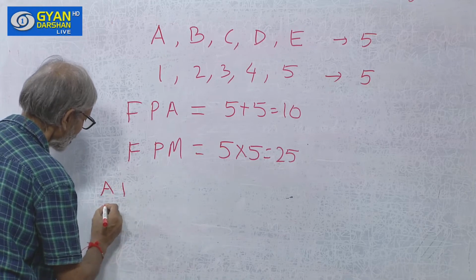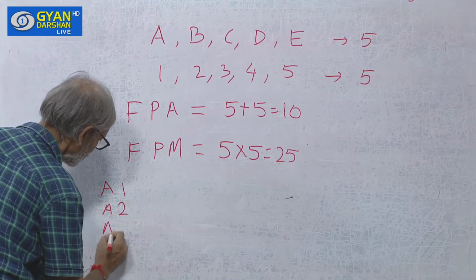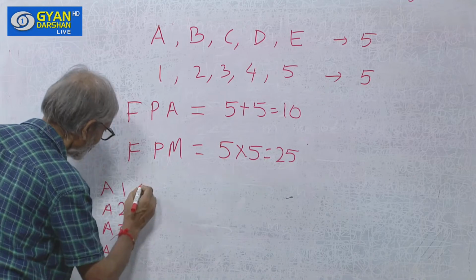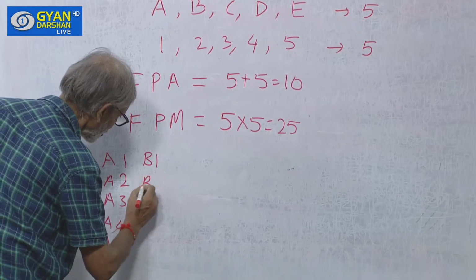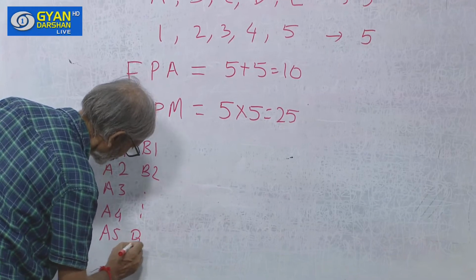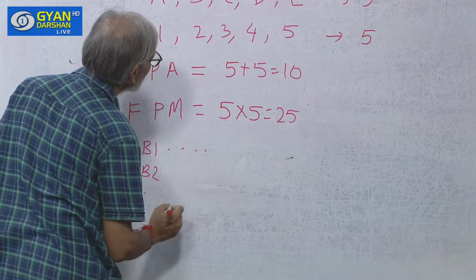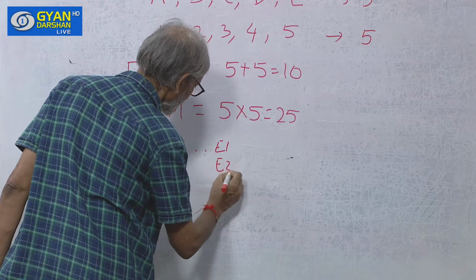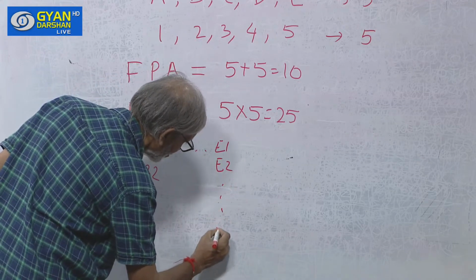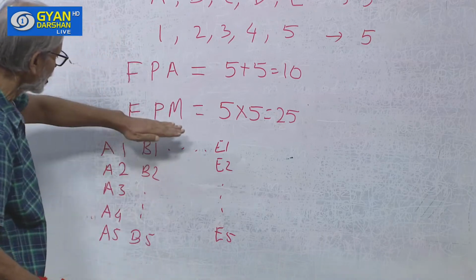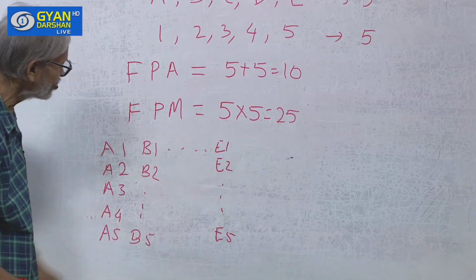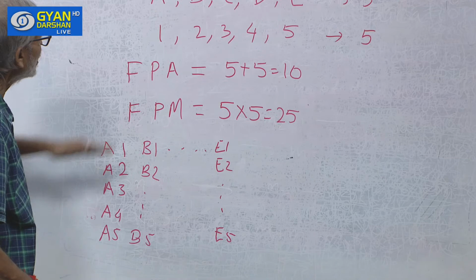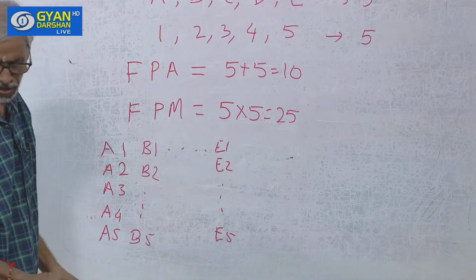The options will be A1, A2, A3, A4, A5, again B1, B2, B5 and similarly E1, E2 and E5. So, 5 into 5 constitutes the 25 options you have, whereas here you had only 10 options.